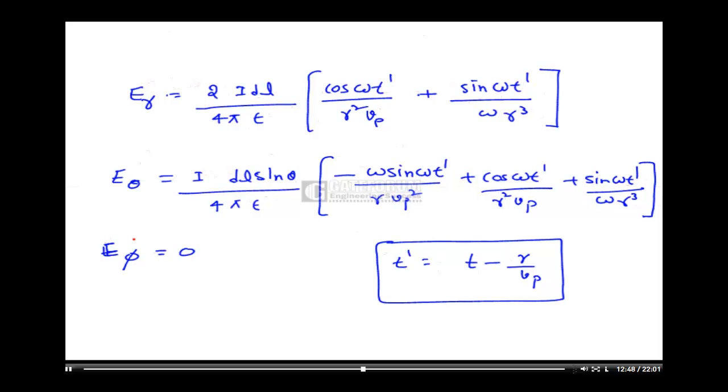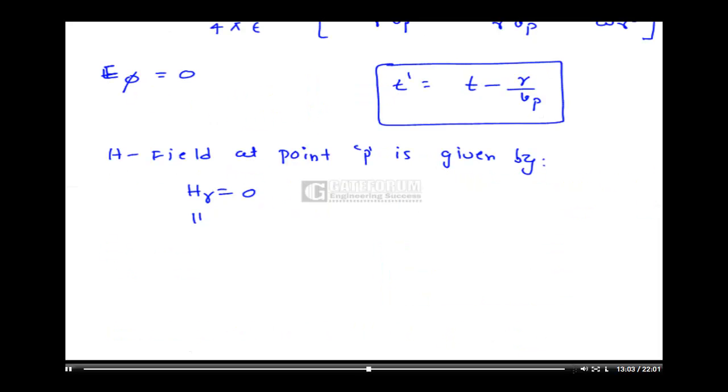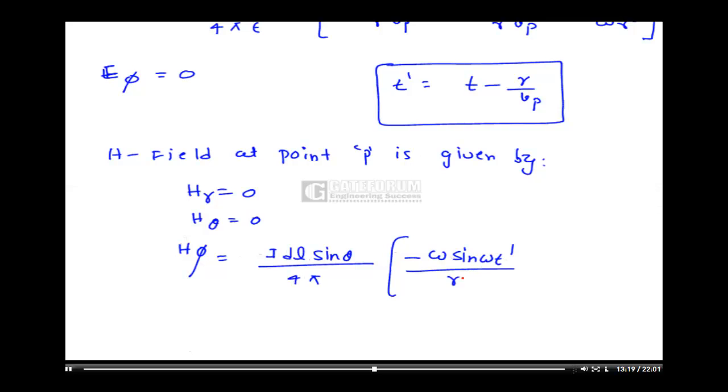If we calculate the H field, the H field at the point P is given by HR equals 0, H theta equals 0, and H phi equals I dl sin theta by 4 pi minus omega sin omega t dash by r phase velocity plus cos omega t dash by r square.